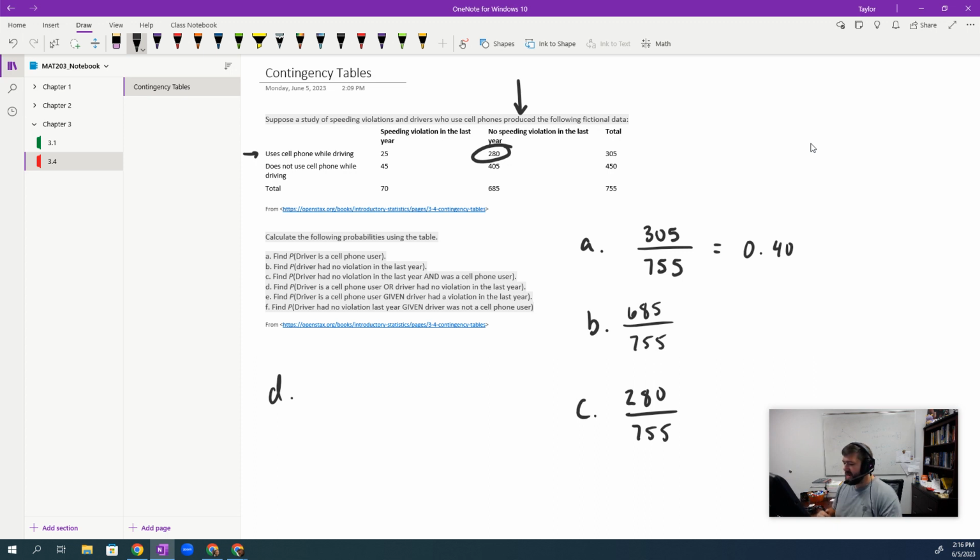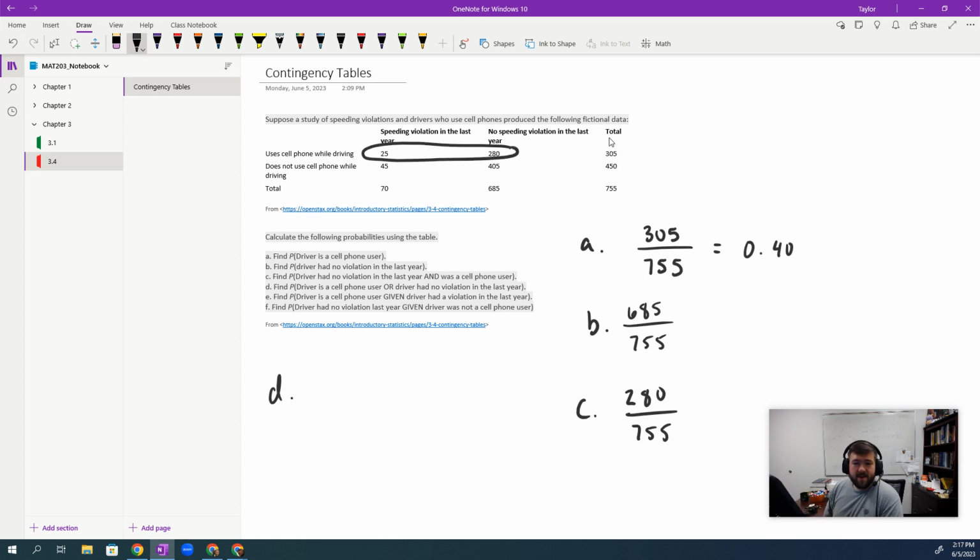D. Find the probability the driver is a cell phone user or the driver had no violation in the last year. Okay, now this one is a little bit trickier. So the driver is a cell phone user. How many is that? Well, driver is a cell phone user is all of these, right? So it's both the 25 and 280, which adds up to 305.